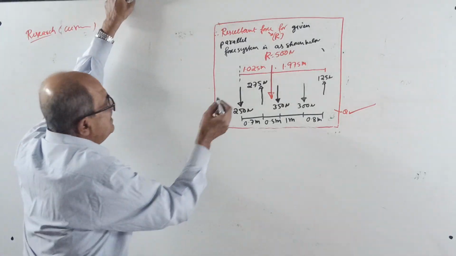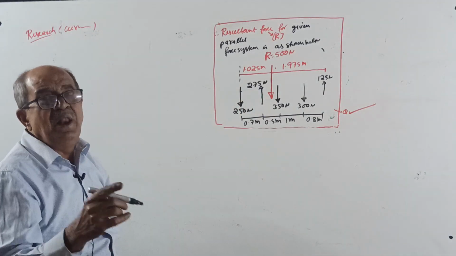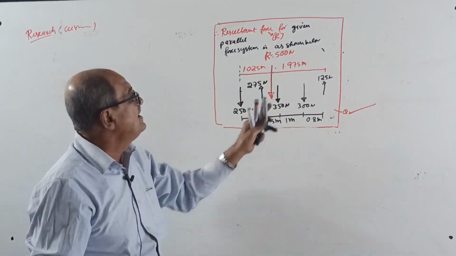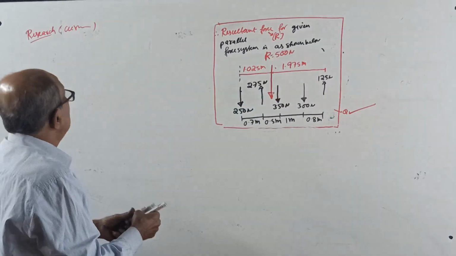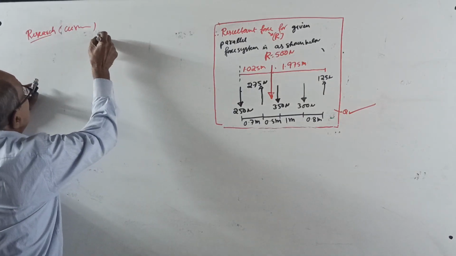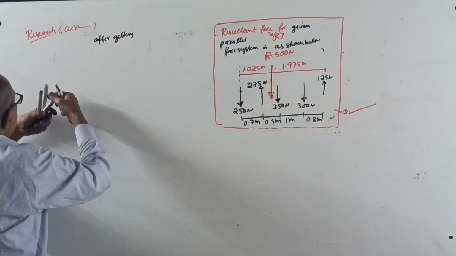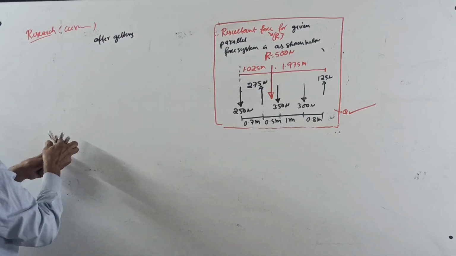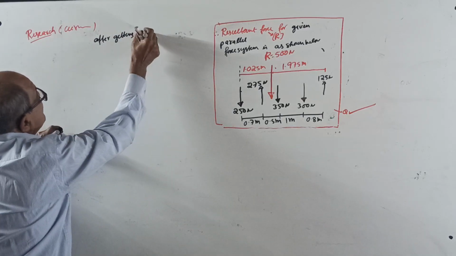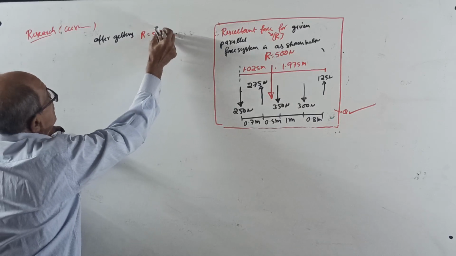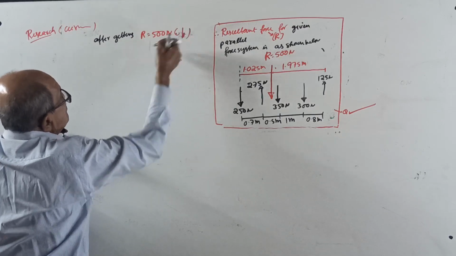He took the resultant from this point. What will happen if I locate the resultant from the other side? See now. After getting the resultant, the magnitude is the same: R equal to 500 Newton down.